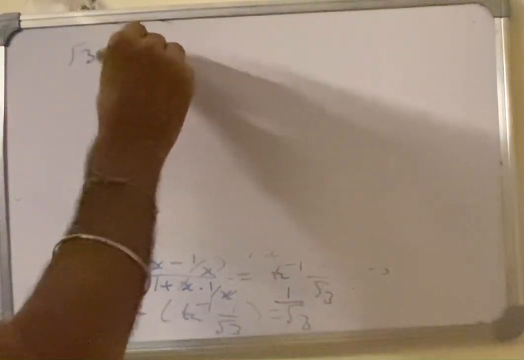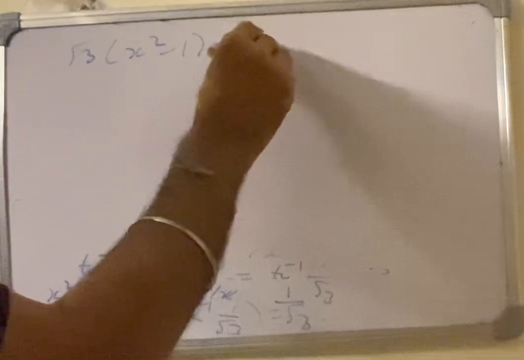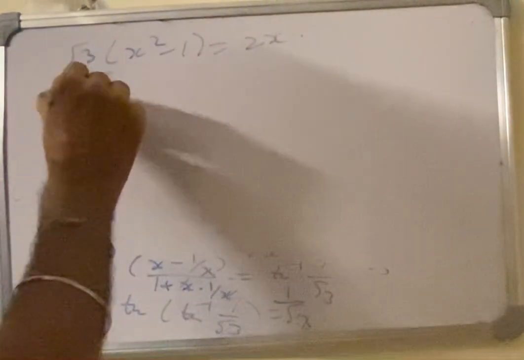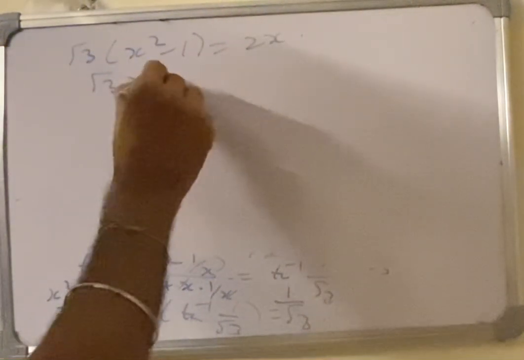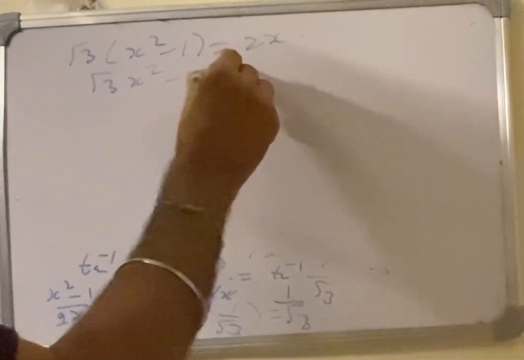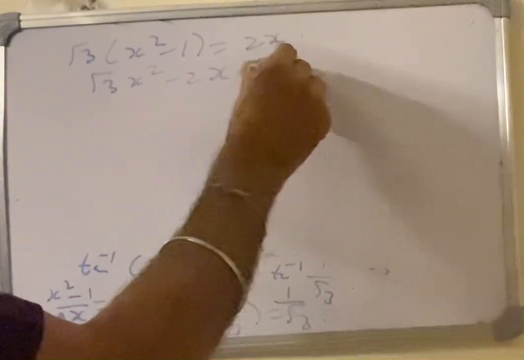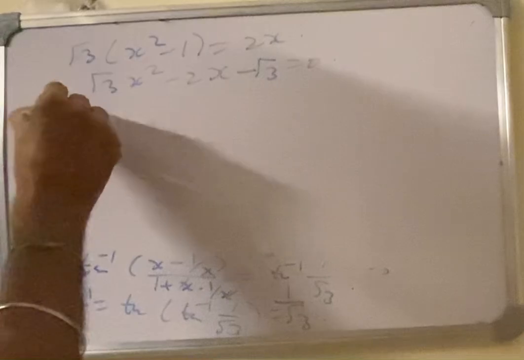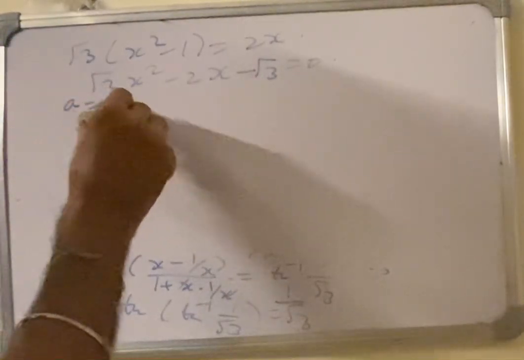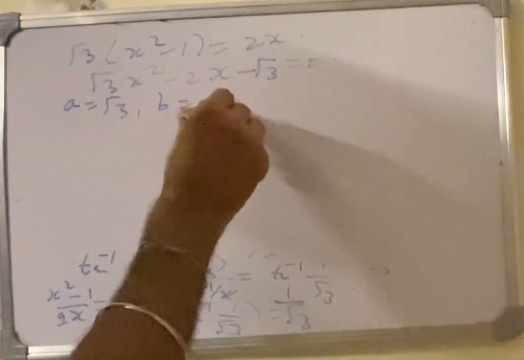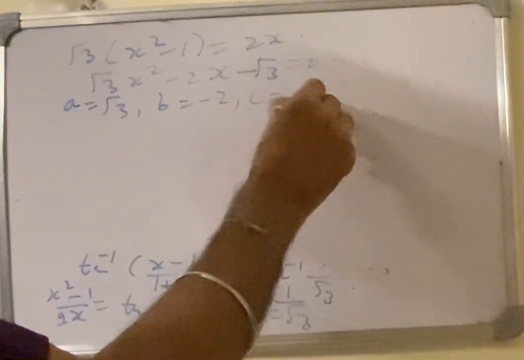Square root 3 into x square minus 1 is equal to 2x. Square root 3 x square minus 2x minus square root 3 is equal to 0. Here A is square root 3, B is minus 2, C is minus square root 3.